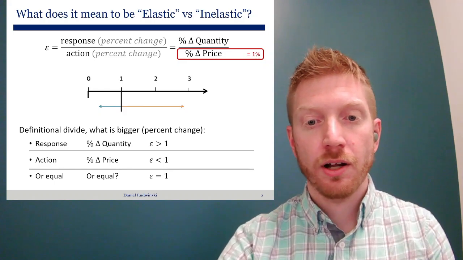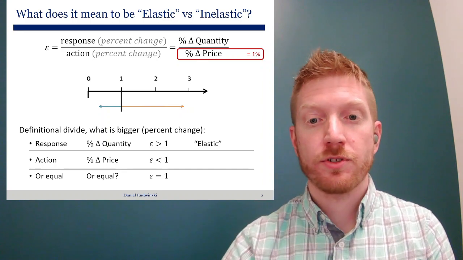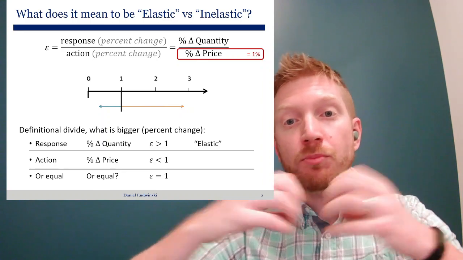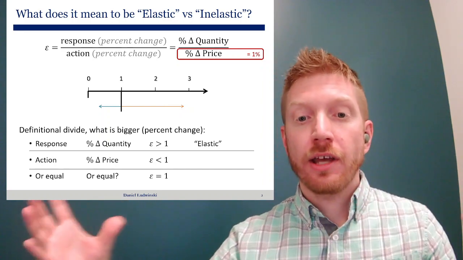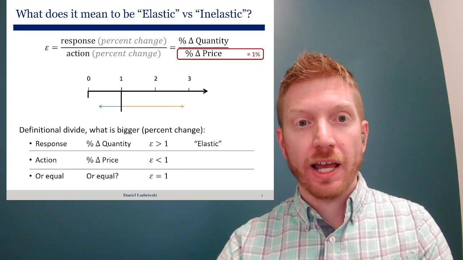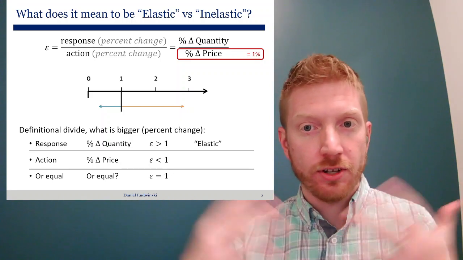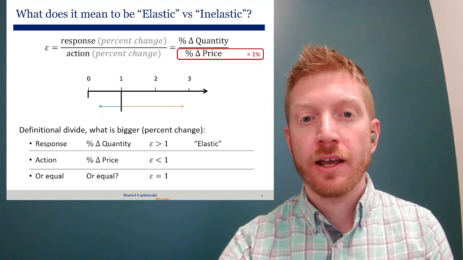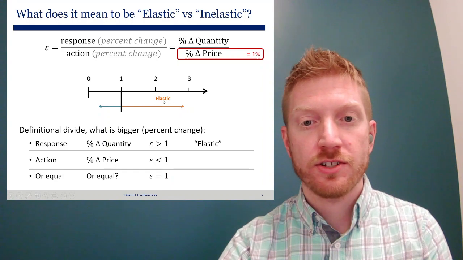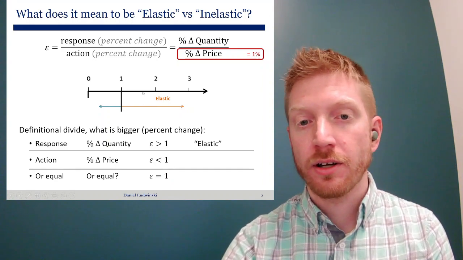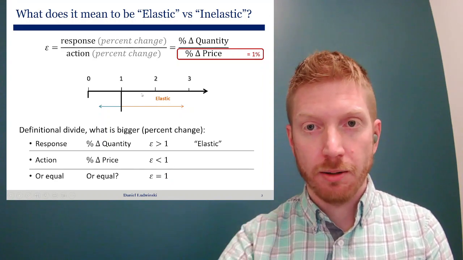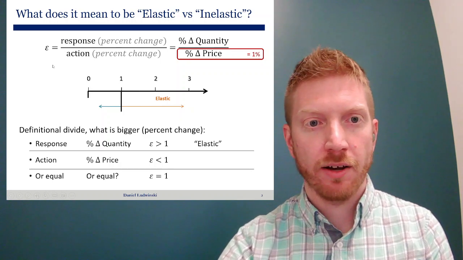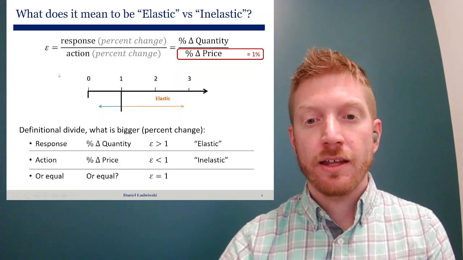These correspond to the terms. Elastic means it is moving a lot. And this is moving a lot when we have a large reaction to our stimulus, when we have a percentage change in quantity that is greater than price. So this is the elastic portion here of this number line representing values for elasticity.